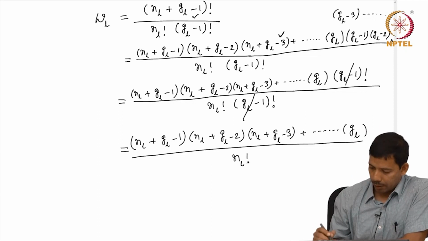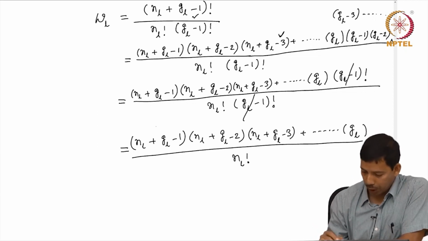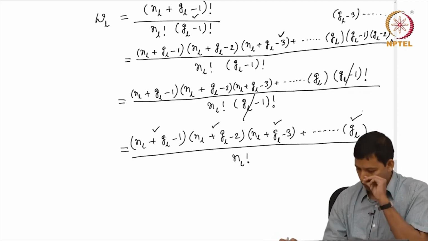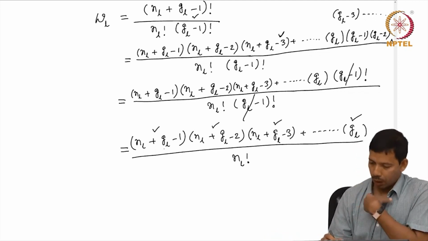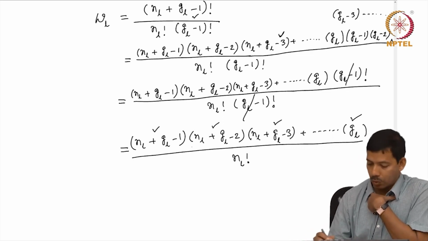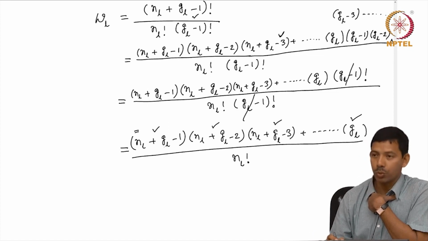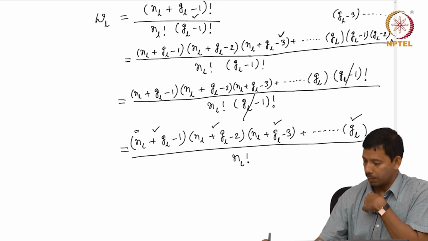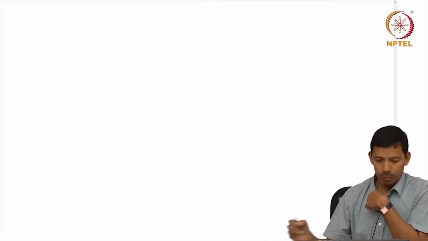Okay, now if you see each term above, each term has a GL. So this GL term I can take out from each of these terms, and since we have NL number of terms, I can get GL to the power NL getting out from the total product at the top.